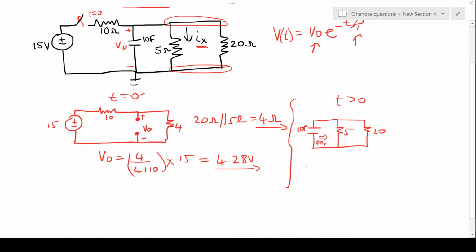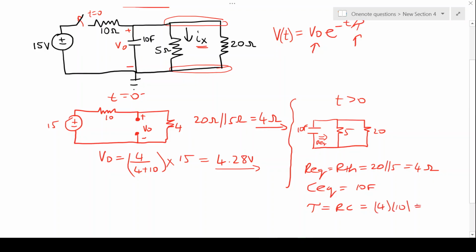So R equivalent, which is equal to RTH, must give us 20 in parallel with 5, which gives you 4 ohms. C equivalent is equal to 10 farads. Therefore tau is equal to RC, which gives you 4 times 10, which is 40 seconds.